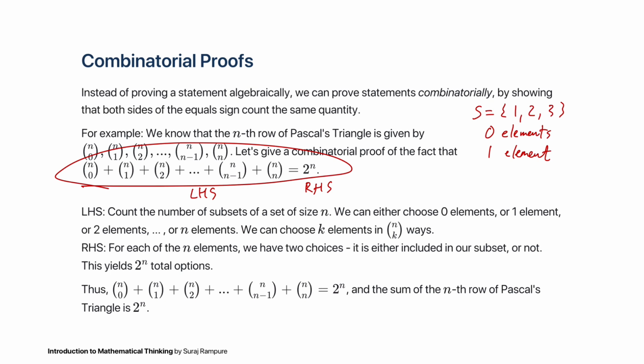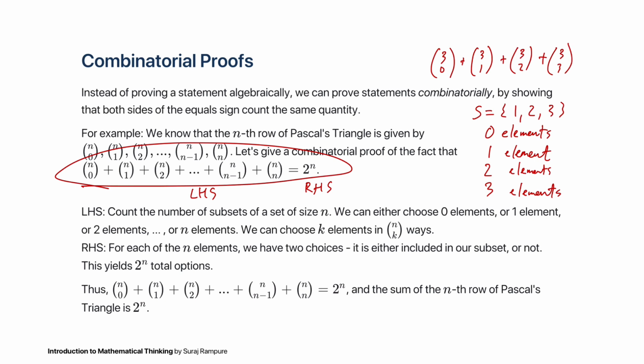It could also include 2 elements: 1 and 2 as a set, or 2 and 3 as a set, or 1 and 3 as a set, or 3 elements, all 3 of them together. So in that case, the number of subsets should be 3 choose 0, plus 3 choose 1, plus 3 choose 2, plus 3 choose 3.